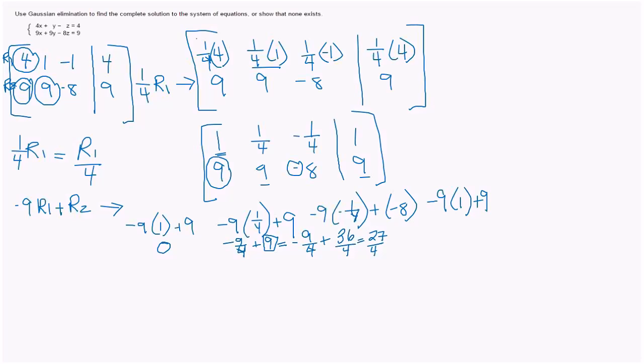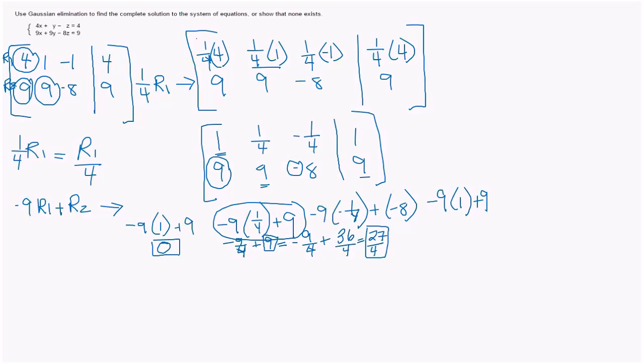So that's what's going to be in this second position here, 27 over 4. So my first position is 0. My second position is 27 over 4. Oh, and they're going to give me a little bit more room. That's good. So that was this one here.